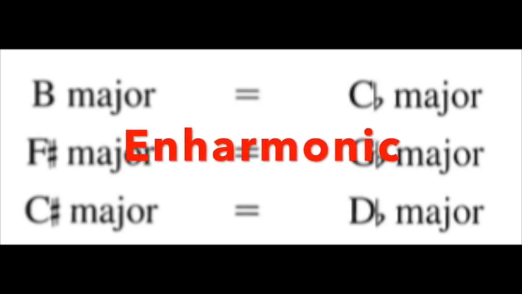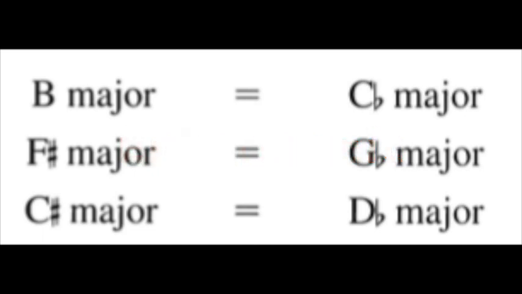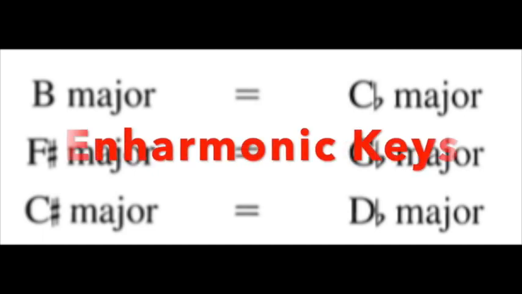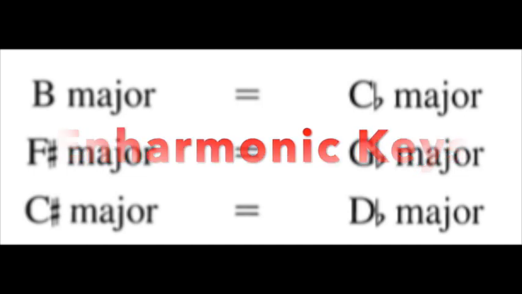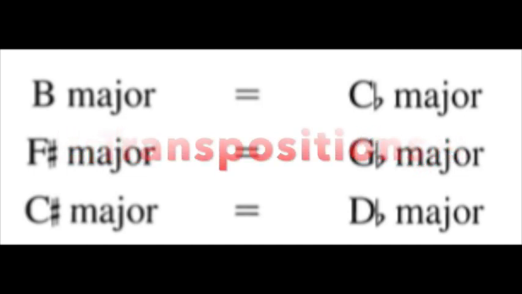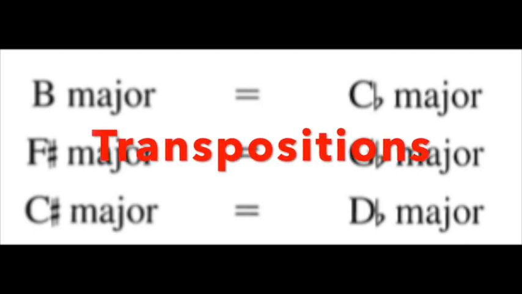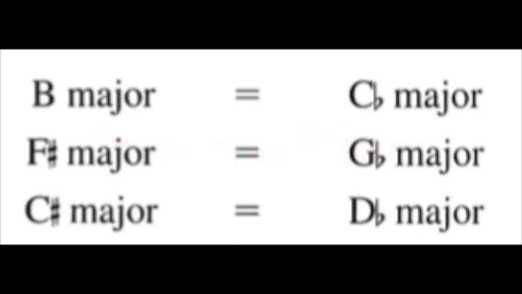So B major and C flat major, for example, are enharmonic keys. If 2 major keys are not enharmonic, then they are transpositions of each other. To transpose means to write or play music in some key other than the original.